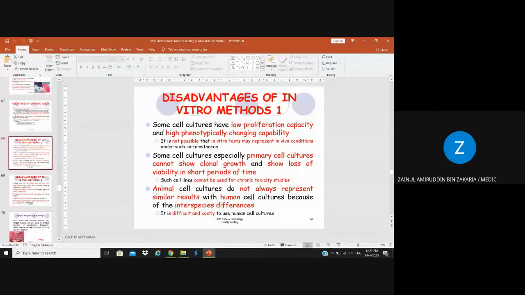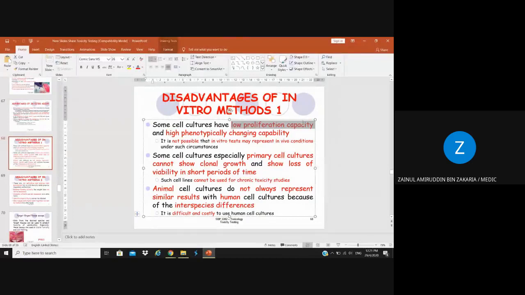Normally for in vitro, if I'm not mistaken, you need 4 to 5 times 10 to the power of 6 cells. Certain cells have this issue of low proliferation capacity, so some cells are not suitable to be used for in vitro study.